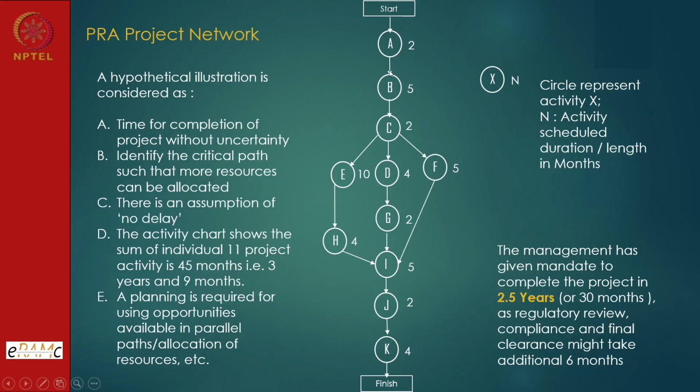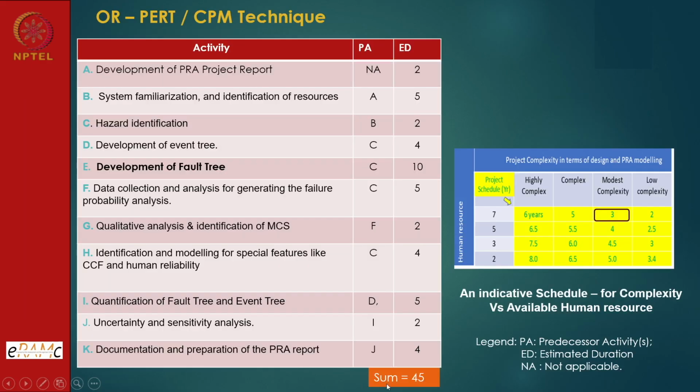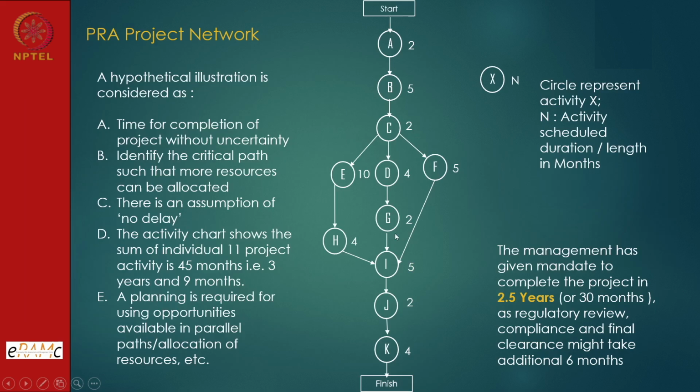Similarly, activity B. So you have to go to the previous chart to see what these activities are, and my management has given me 2.5 years, that is 30 months. If I add up all these activities, the total sum is 45. That means we have done everything in sequence. So now through this chart, we are trying to have some parallel activities, so that we can complete the project in a lesser time.